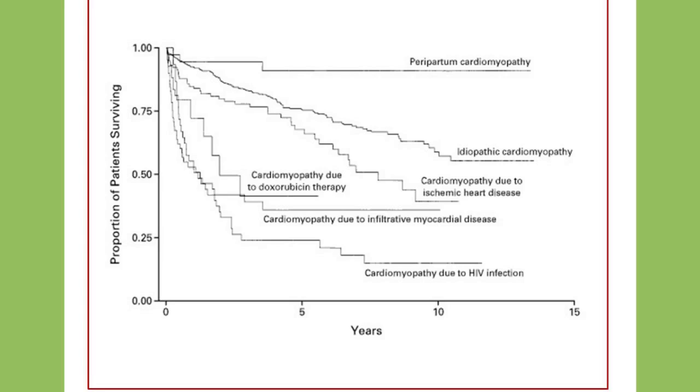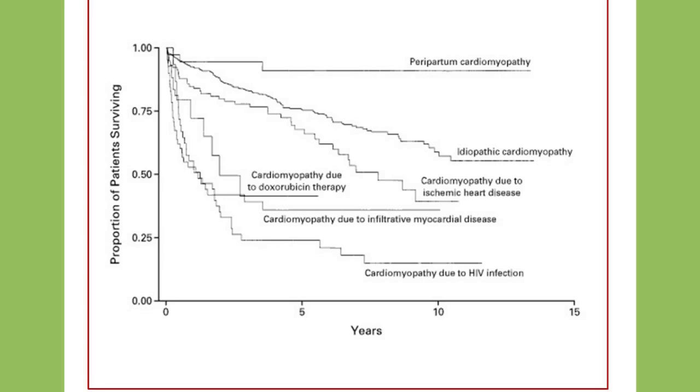When we look at this graph and we graph out percent survival over 5, 10, and 15 years, when we look at idiopathic cardiomyopathy or cardiomyopathy due to ischemic heart disease, we can see that there's a slow downward trend. And as we know, if patients are intervened upon, we can extend their survival rate over 10 to 15 years, provided they get the right medical treatment as well as interventional therapies.